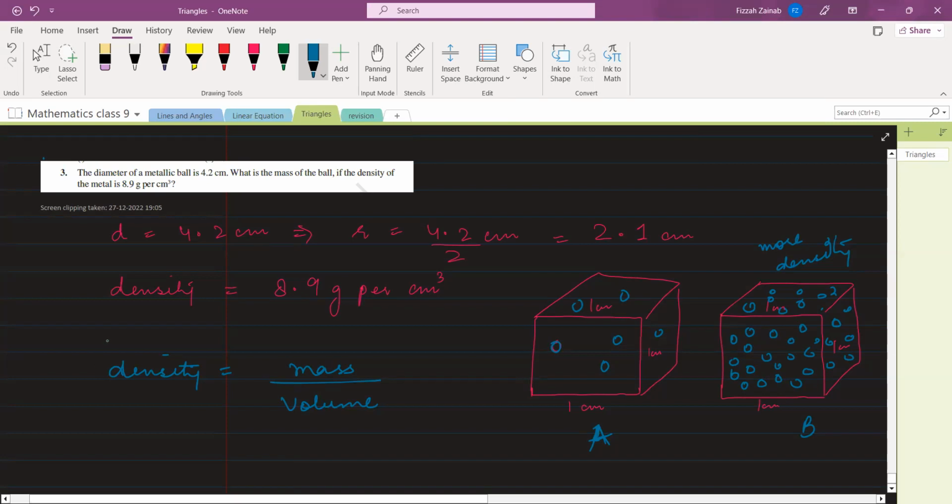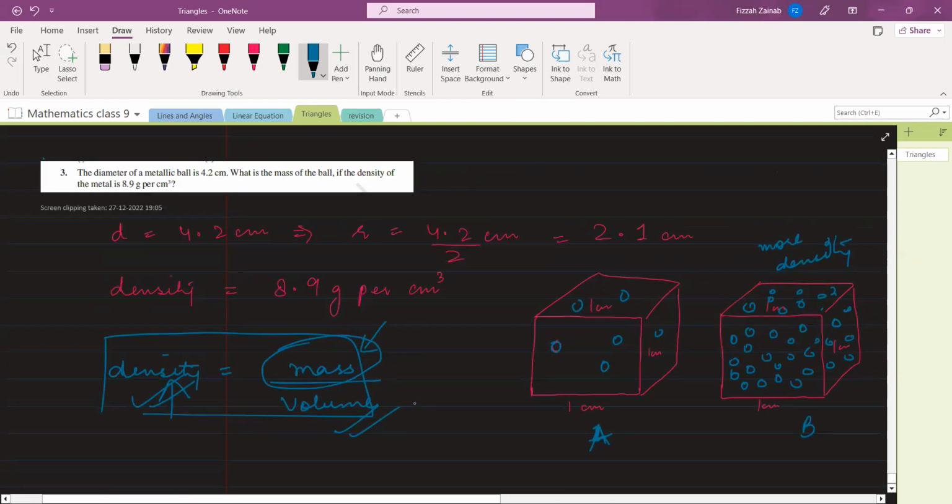So from here we get this formula: density is equal to mass upon volume. Now in this question, the density is already given. You have to find the mass. So here you have three things: density, mass, and volume. In one equation, only one unknown can be there so that you can find it. So if you want to find mass, you should know the density and the volume.